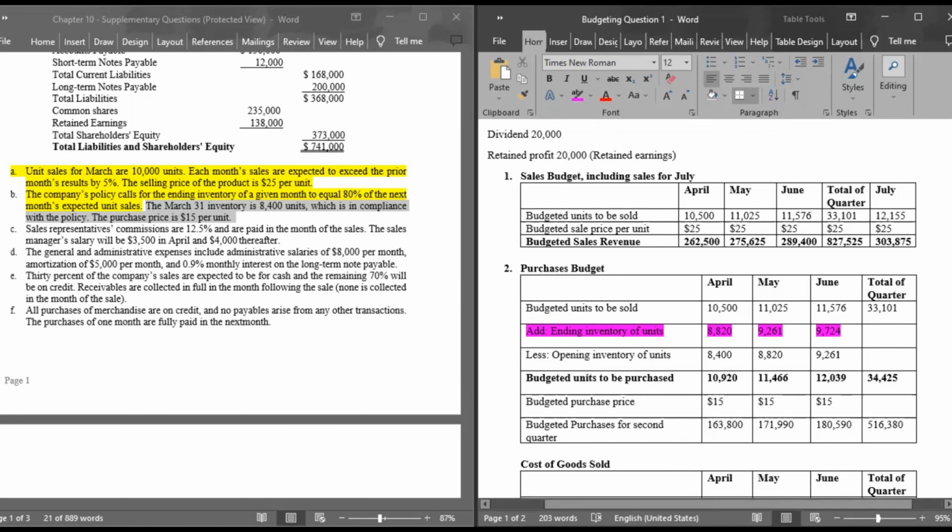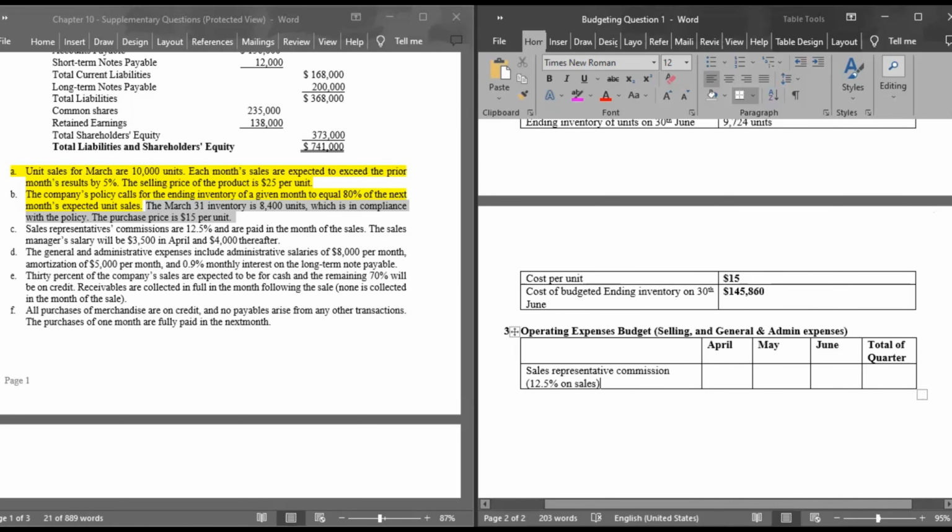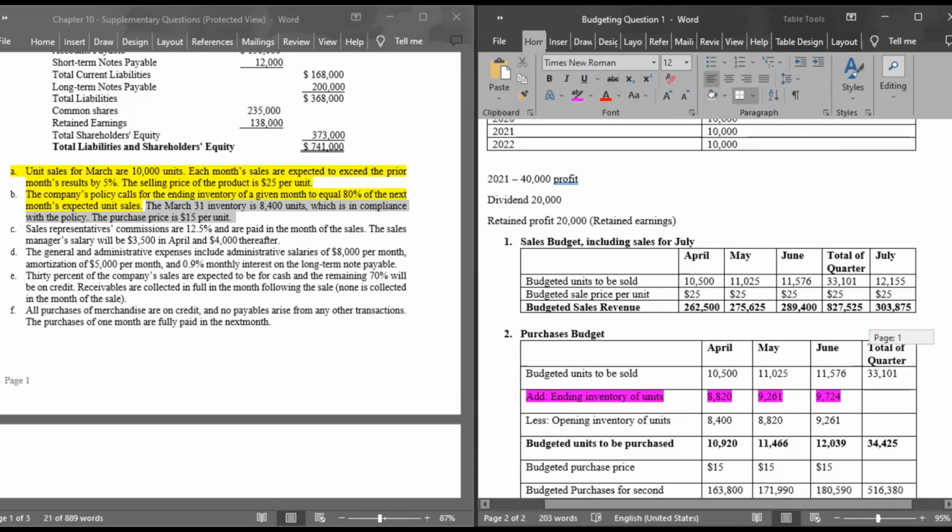So we will calculate 12.5% of that amount to reach the commission for April. So please calculate 12.5% of April sales revenue.